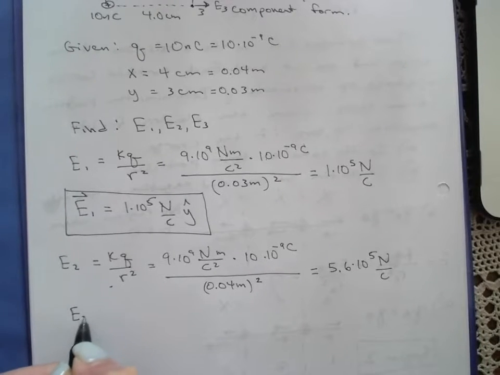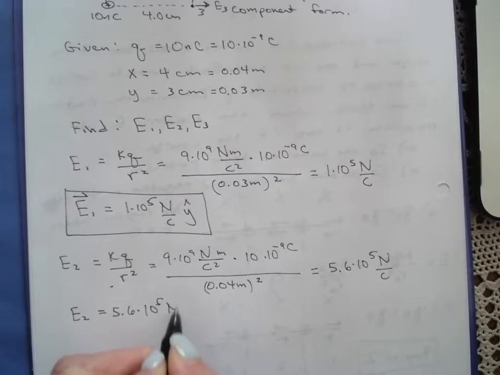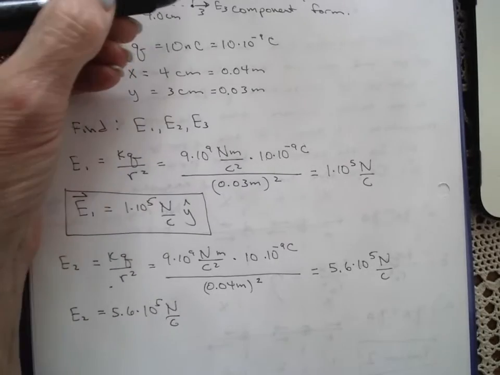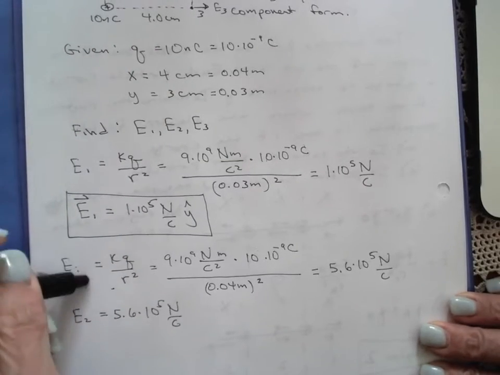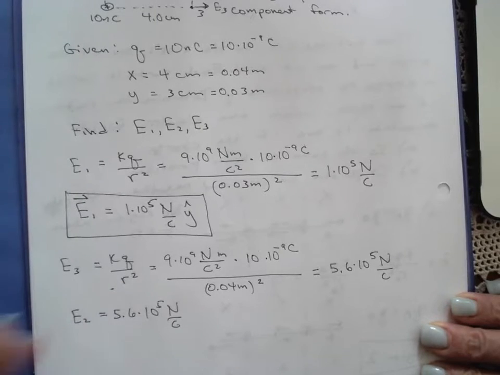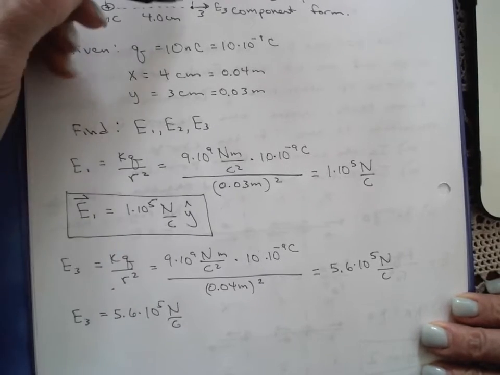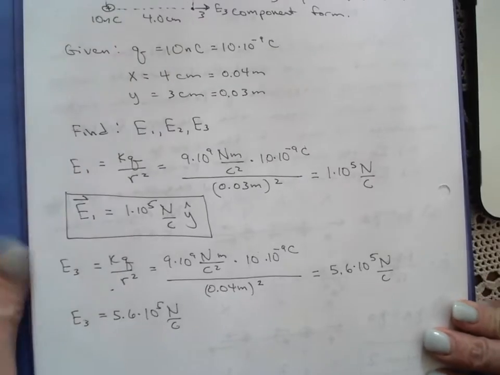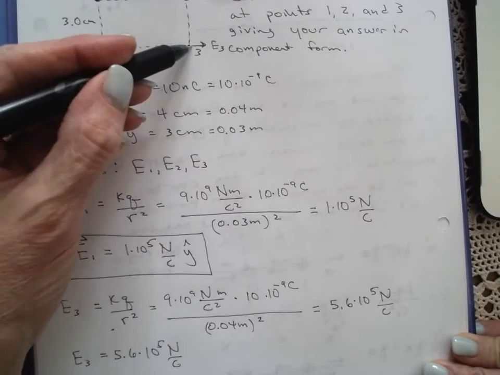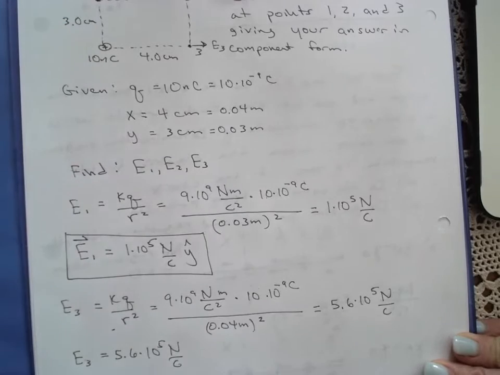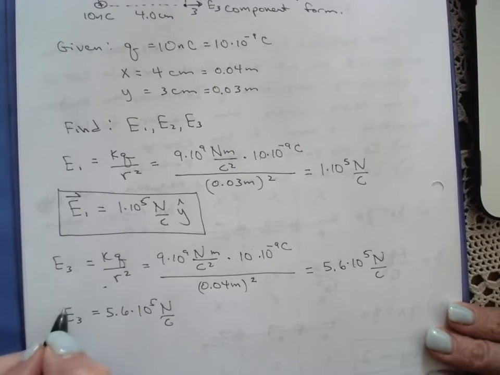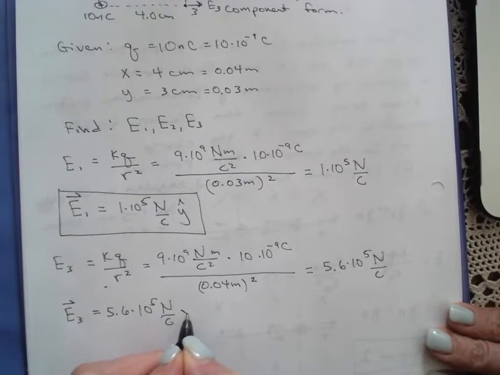So E3 is going to equal 5.6 times 10 to the 5th newtons per coulomb. Sorry, this was 3, a little out of order. And so that is this arrow right up here. I know that it's going to be pointing in the x hat direction.